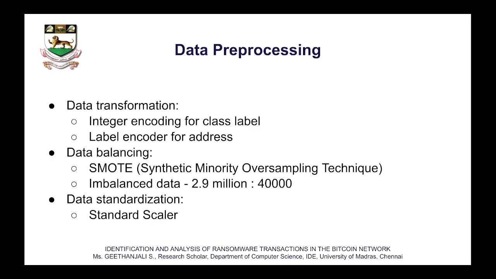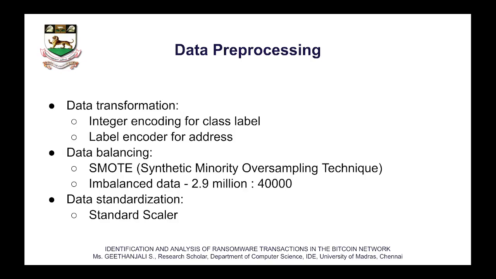So the pre-processing step involves data transformation, where integer encoding and label encoder are used for transforming categorical variables to numerical variables. Due to the highly imbalanced nature of this data set, which contains data in the ratio of 2.9 million records pertaining to normal transactions and only about 40,000 records pertaining to ransomware attacks, this type of imbalanced data will try to distort the result.